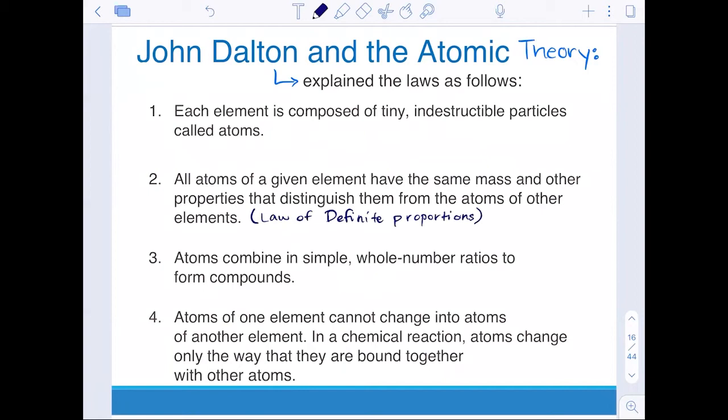We'll get into some of the issues with these in just a second, but 3 says atoms combine in simple whole number ratios to form compounds. Wonderful, that's again the law of definite proportions. And 4, atoms of one element cannot change into atoms of another element. In a chemical reaction, atoms change only the way that they are bound together with other atoms. This is the law of conservation of mass.